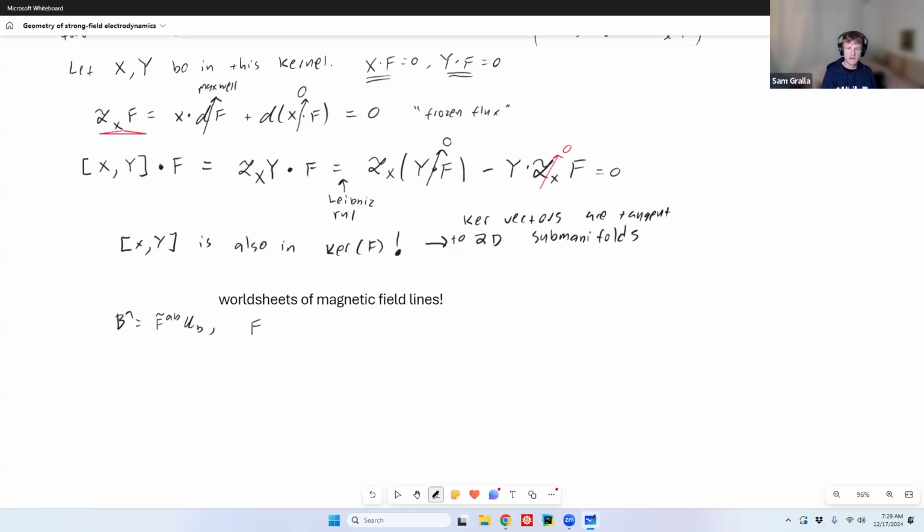And then if we dot this in, we'll have F tilde, let's say B, C, u_B. This better work, otherwise it'll be embarrassing. There should be a really simple proof that the magnetic field is always in the kernel.